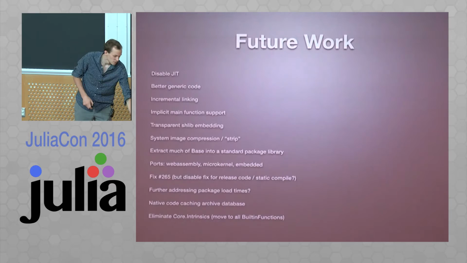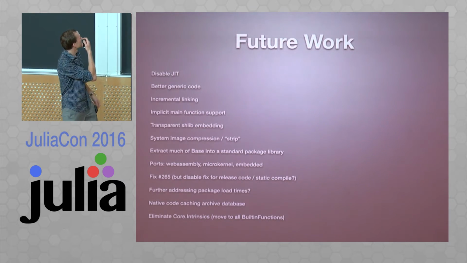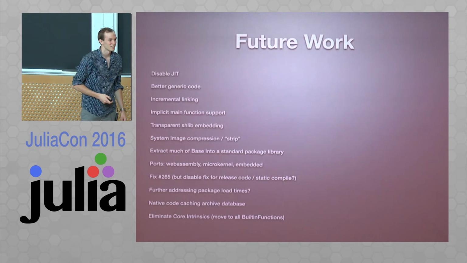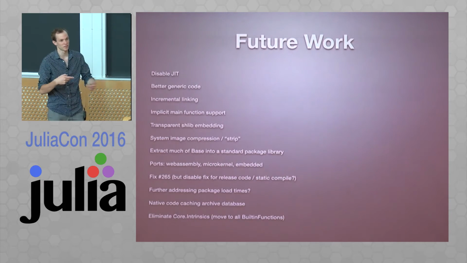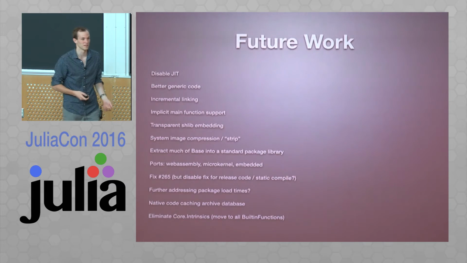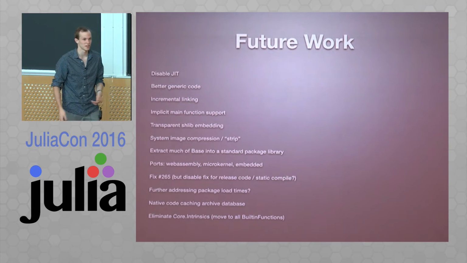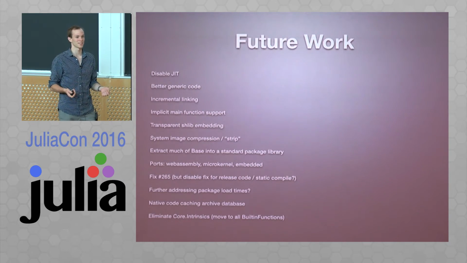What's the parenthetical right after it? Oh, that's the something you were mentioning, that maybe we want to disable. The 265 involves tracking all of the dependency chain between methods. Possibly we could strip out all of that information if you are trying to build release code and just say, I promise I'm not going to replace anything, and therefore you should just delete all of that metadata code, save this code space.